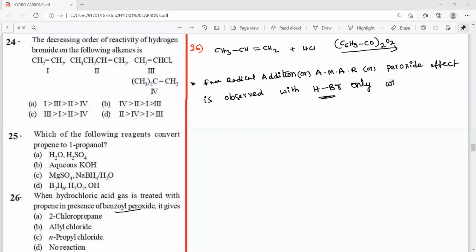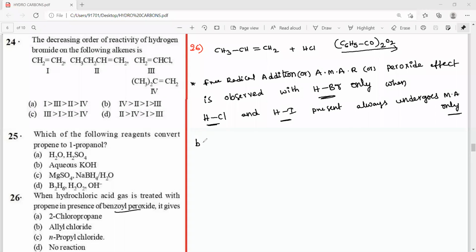When HCl and HI are present, it always undergoes Markovnikov addition reaction only. Why does it always undergo Markovnikov addition reaction only, dear students?